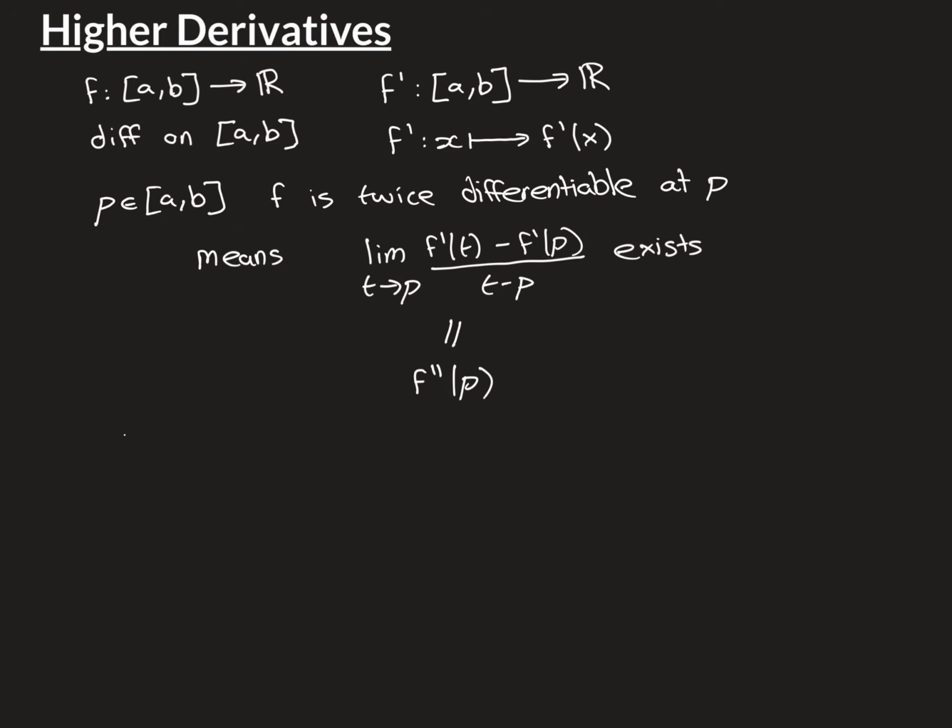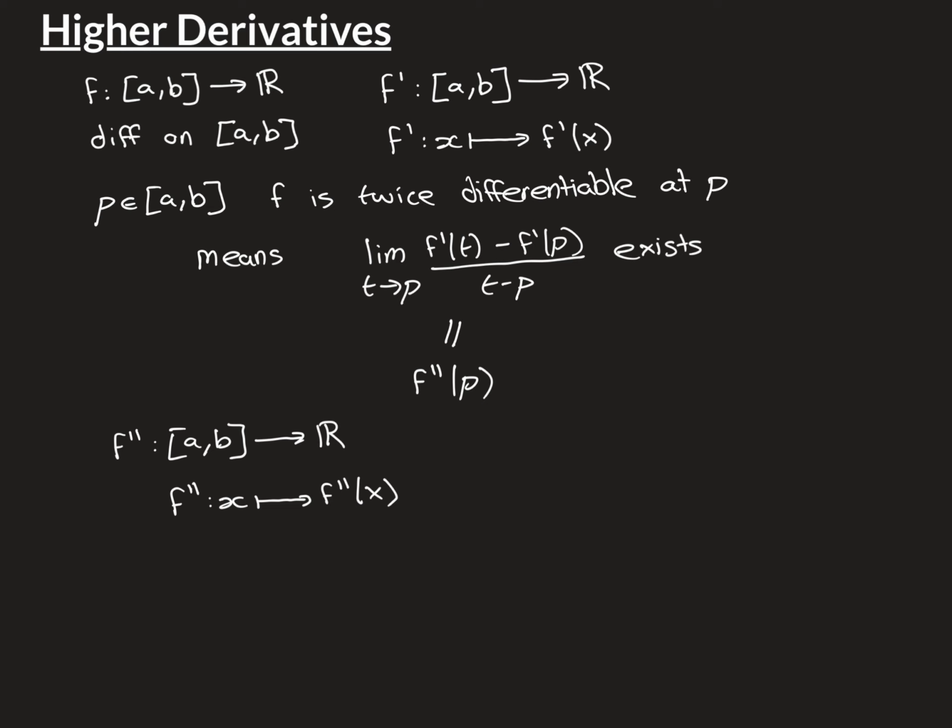So writing this down, if it is the case that our function is twice differentiable everywhere, then we can now think of the second derivative as being a real valued function on the closed interval ab, where it will map any element x onto the value of the second derivative at that point. And we've said we're assuming it's twice differentiable everywhere, meaning that there will be a second derivative value for all x inside this interval ab.